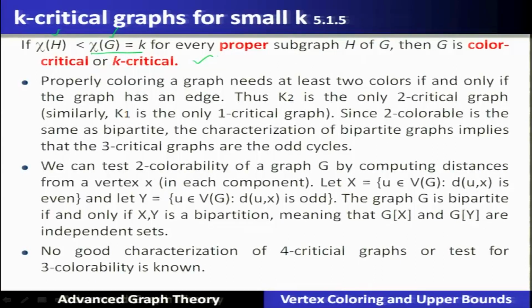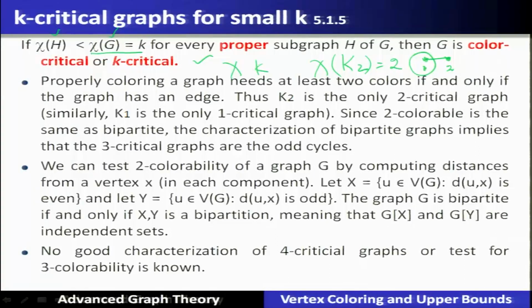Let us understand this particular concept. So let us take a graph K2. K2 has 2 vertices. How many colors are required? Obviously this can be colored with 1, and this with 2. So the chromatic number of K2 is 2. If you take a subgraph, it will be K1.